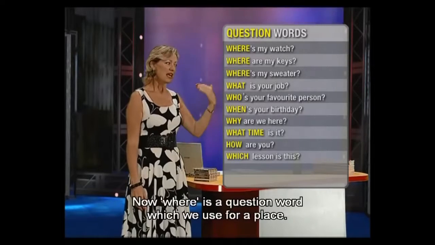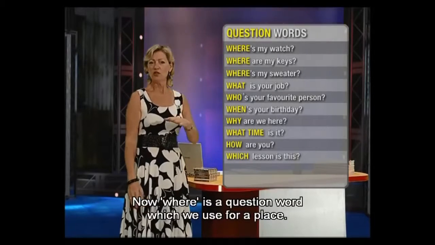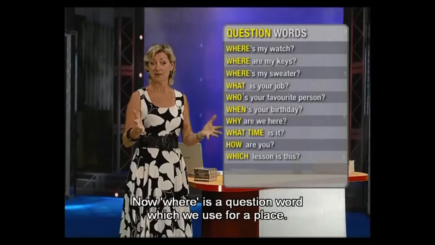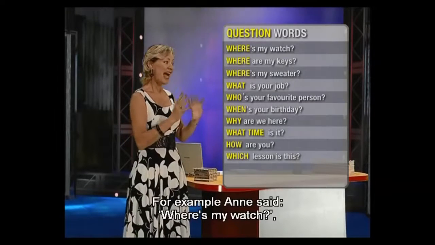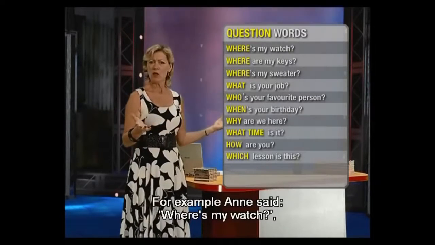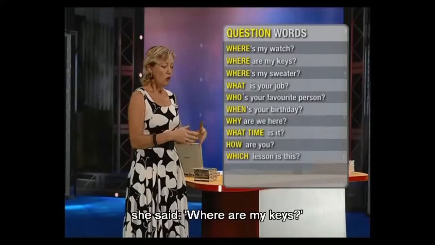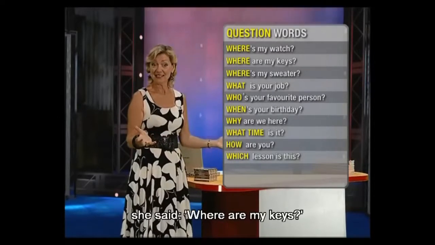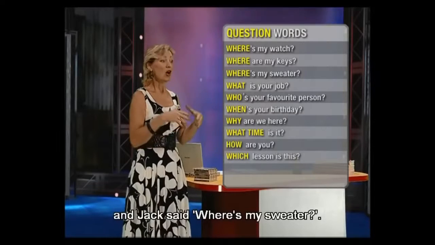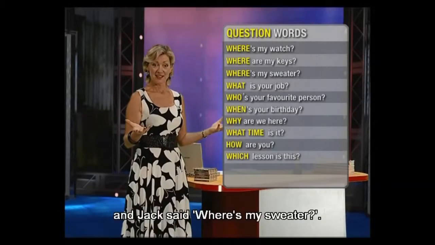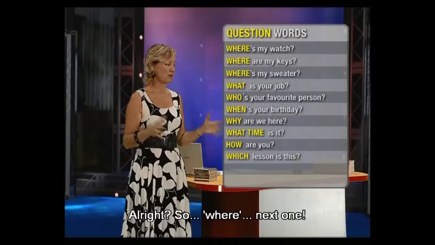Now, where is a question word which we use for a place. For example, Anne said, "Where's my watch?" She said, "Where are my keys?" And Jack said, "Where's my sweater?" All right, so where?